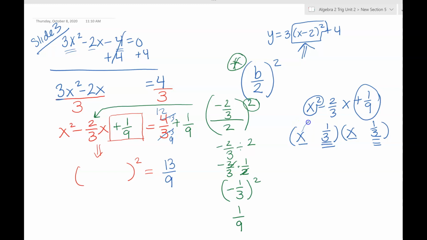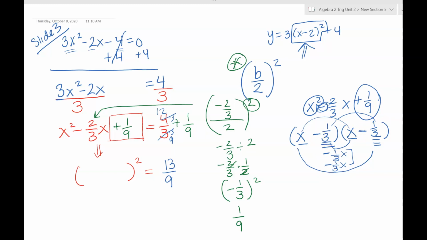And so you can see that if we multiplied the first together, we get the x squared. If we multiply the last terms together, we get the 1/9. It's these middle terms that are supposed to make that negative 2/3. And you can see they would make a 1/3 and another 1/3, and those would combine together to be 2/3. If you want them to specifically make negative 2/3, then both of these 1/3 would need to be negative.